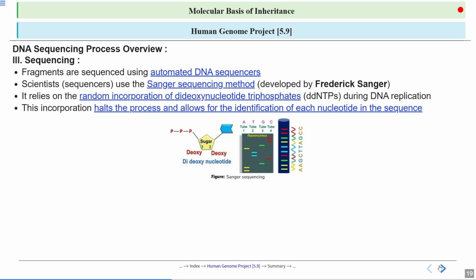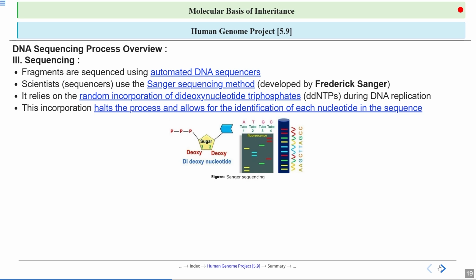It is a method for determining the precise order of what? Nucleotides in a DNA molecule. It relies on the use of dideoxynucleotide triphosphate, that is ddNTP. Now, what is special about this ddNTP?